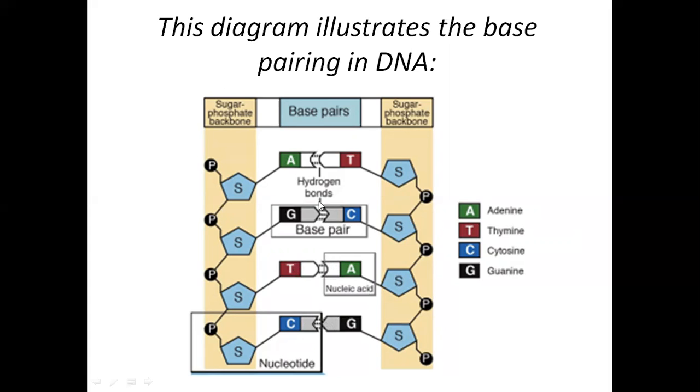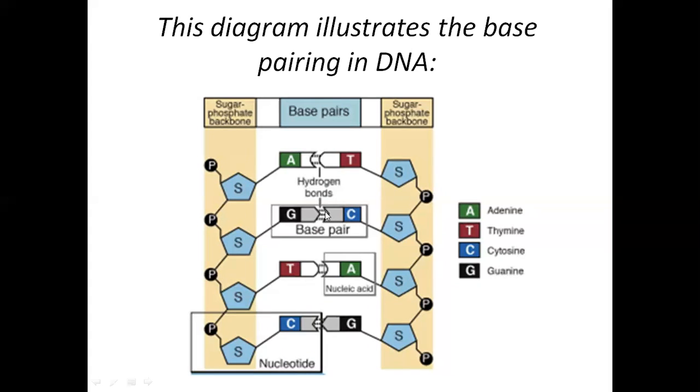So what you might notice is that we've got hydrogen bonds holding the coding strand and the non-coding strand together. And you notice the pattern that A is always pairing up with T, and C is always pairing up with G. Between A and T, you've got two hydrogen bonds. Between C and G, you've got three hydrogen bonds holding it in place.